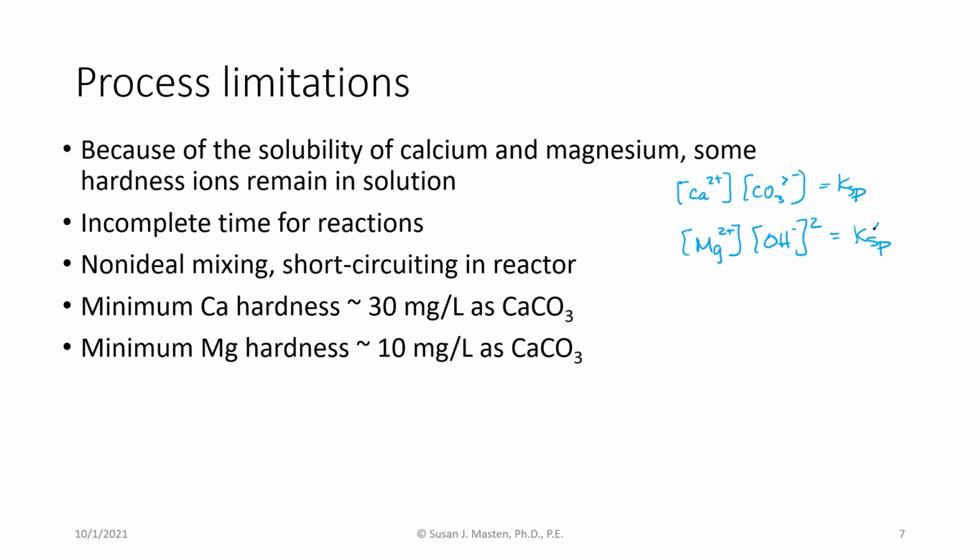So as a result, typically the minimum calcium hardness that we can achieve is about 30 milligrams per liter, and the minimum magnesium hardness is about 10. So even where we soften to the stoichiometric amounts, you will still see calcium and magnesium in the effluent.